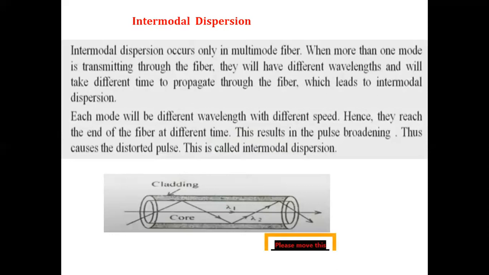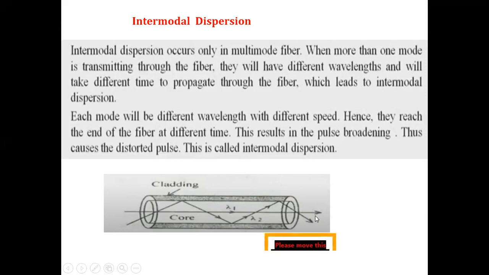Now we can see intermodal dispersion. So intermodal dispersion occurs only in multimode fiber. When more than one mode is transmitting through the fiber, they will have different wavelengths and take different times to propagate through the fiber, right? So this leads to an intermodal dispersion. So here we have lambda 1 and lambda 2, which will be received at different speeds, right?